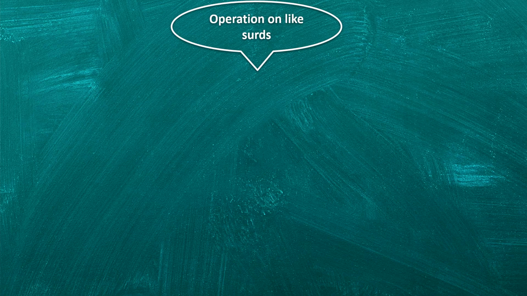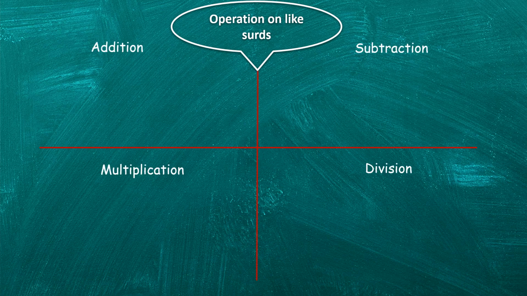Now we'll see operations on like surds. Mathematical operations such as addition, subtraction, multiplication and division can be performed on like surds. Before going forward, operations like addition and subtraction can be performed on rational numbers in the given example, taking the surds common.